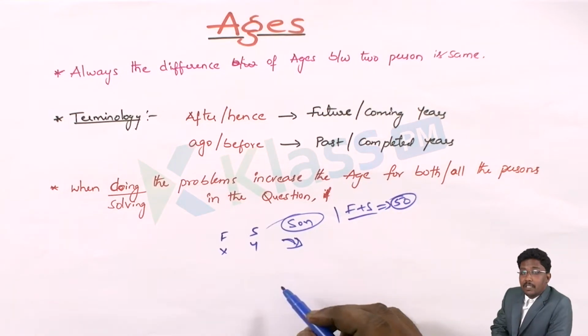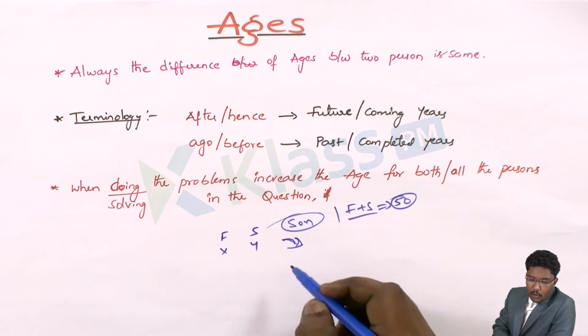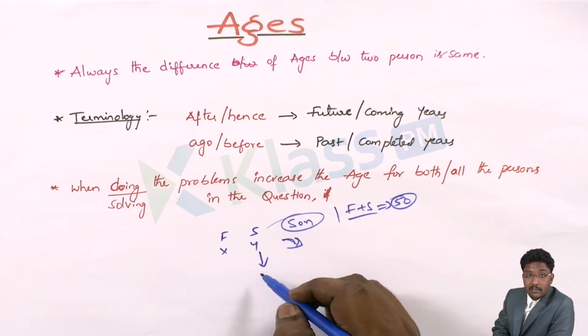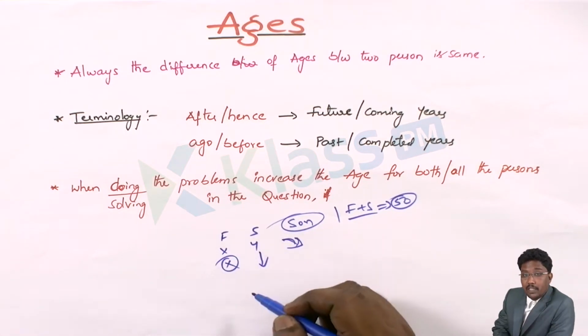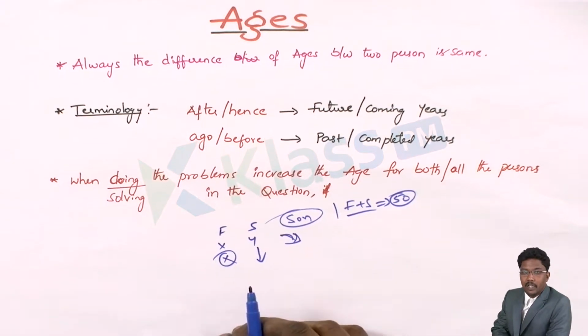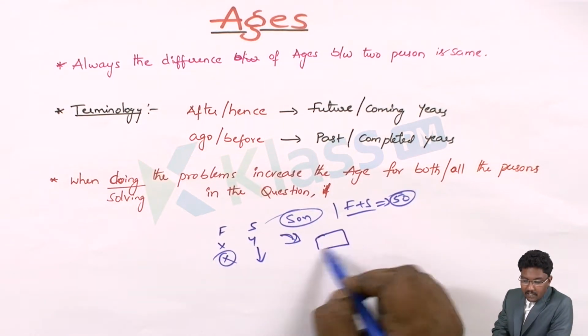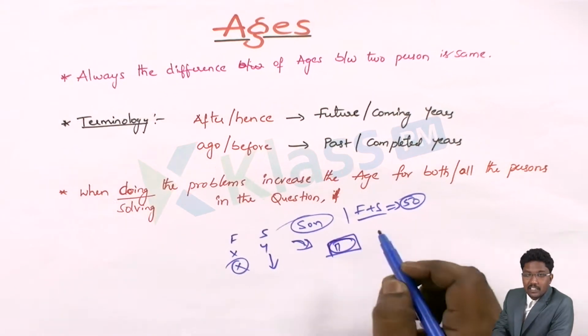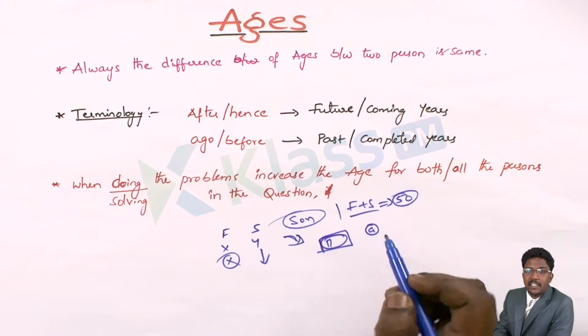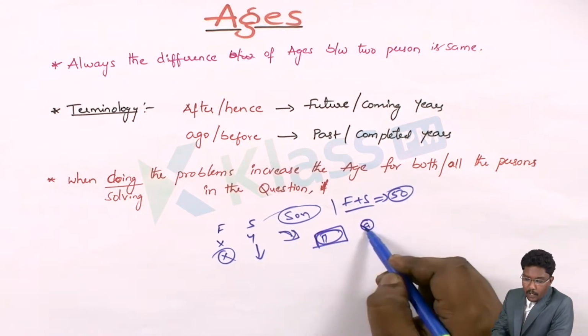The general mistake students make is that they increase 5 years only for the son. They forget to increase the age for the father. This is the main mistake. Then you get a different answer, but unfortunately, this answer is the first option in the examination, and blindly we go and take it.